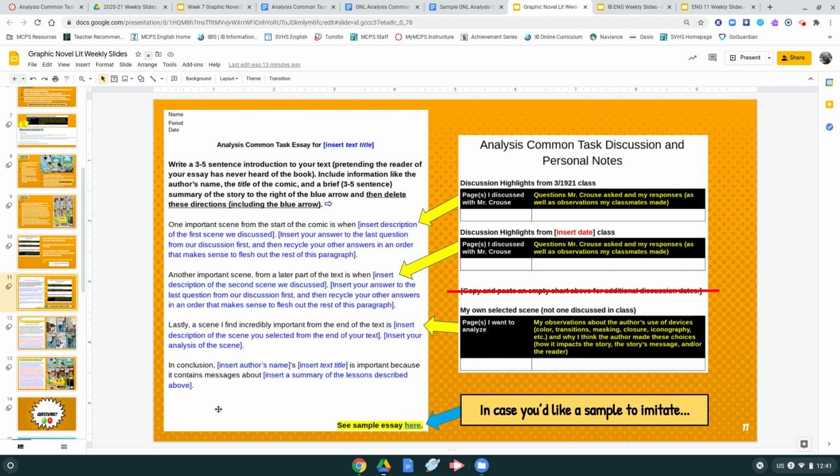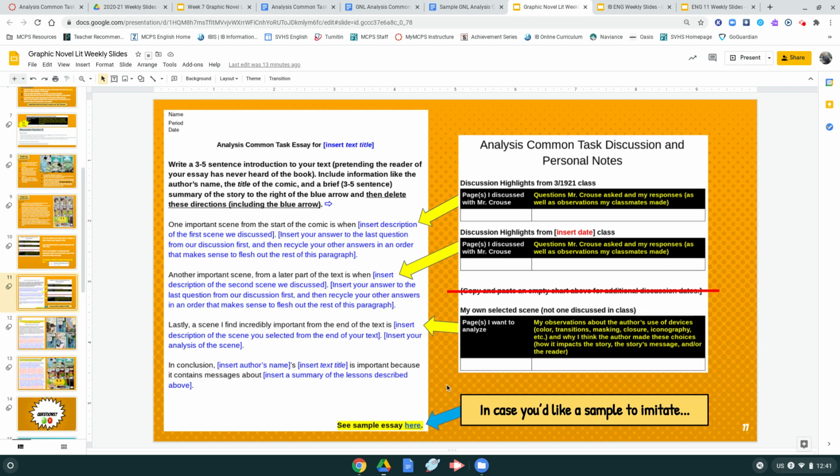Your conclusion should be pretty simple, just one sentence or two, and you can add more if you'd like. In conclusion, insert the author's name, insert the text is important because it contains messages about, and then talk about whatever messages you saw in these three body paragraphs, or through your three discussions.